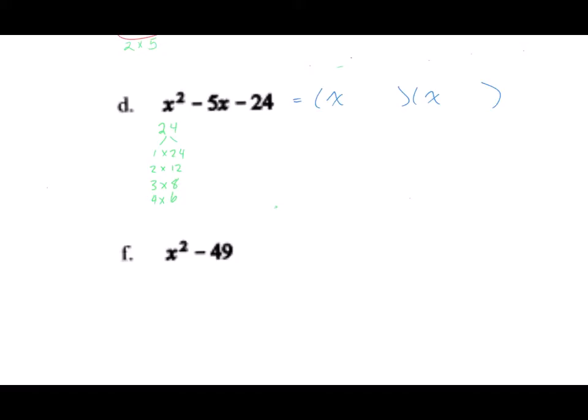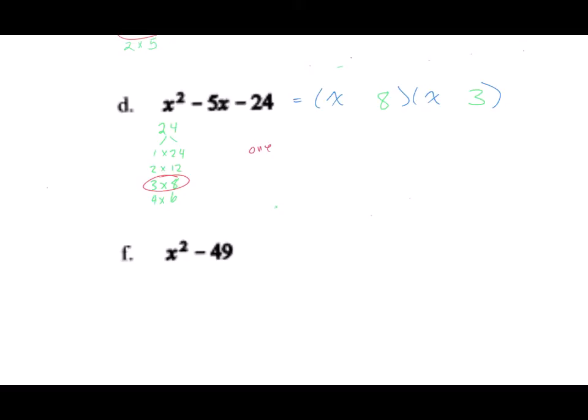So we need two numbers that add to negative 5. So we're going to use 3 and 8. So we're going to put 8 and 3 in there. And we have to figure out the signs. In order to make it negative, I have to have negative 8 and plus 3.